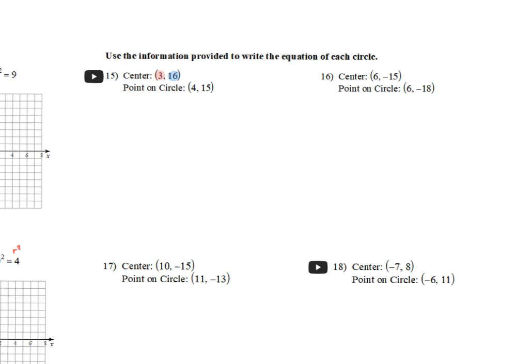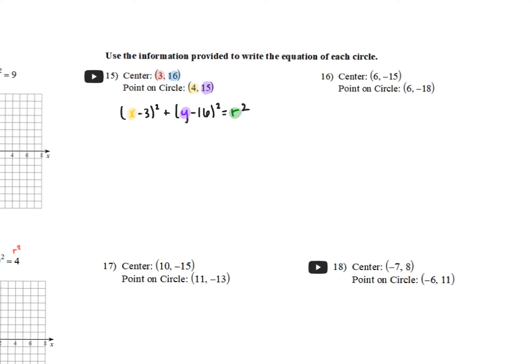So it's going to be x minus 3 squared plus y minus 16 squared equals, and we don't know r squared. So to get r squared, we're going to plug in x for x, and we're going to plug in y for y to solve for r squared, or solve for r.